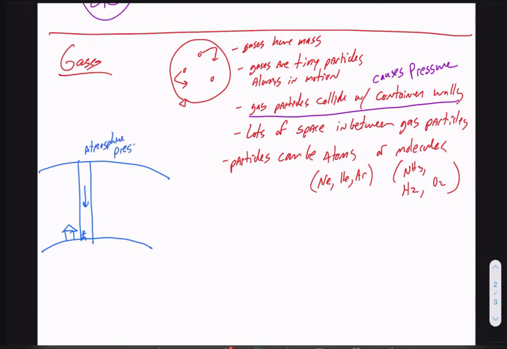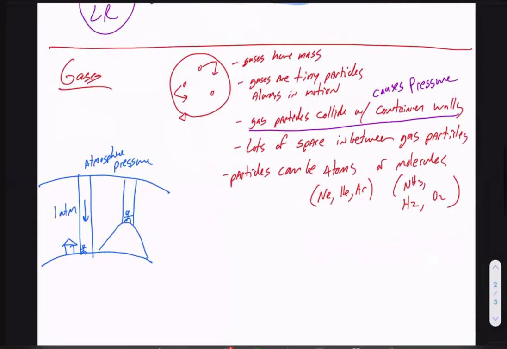Depending on where you are, if you are at a high elevation or a low elevation, the amount of air pressure you feel will be different. So if you're at what we call sea level, 1 atmosphere is the amount. If you're on a mountain, there is less air above you, so gravity is not able to pull as much material downward on you, which means you feel less pressure.